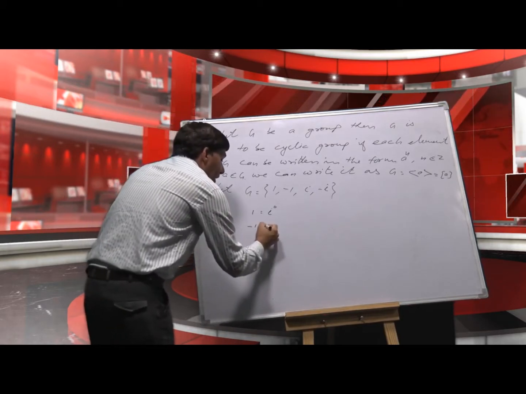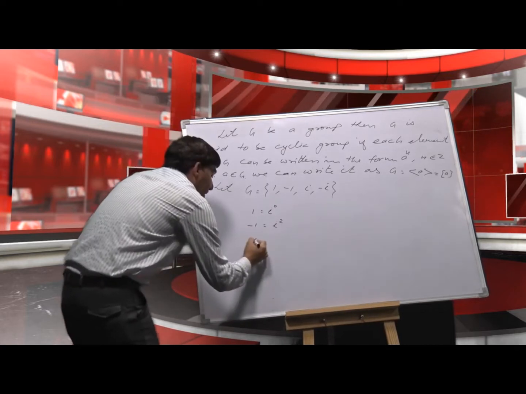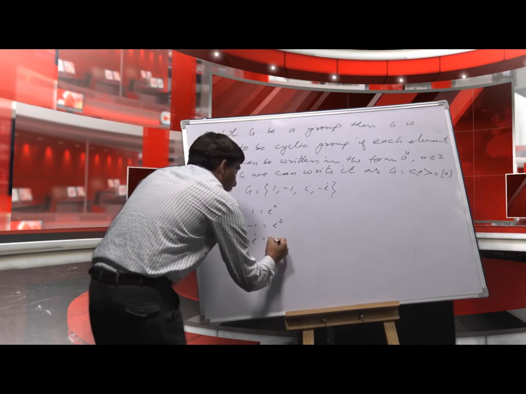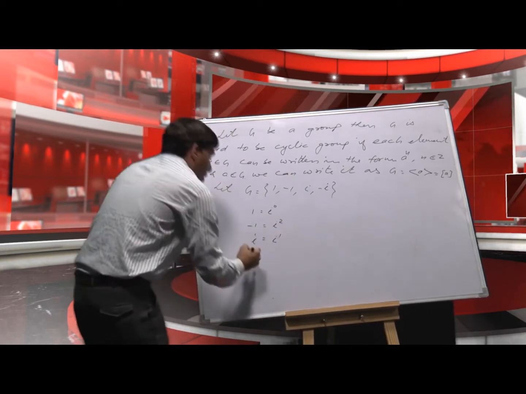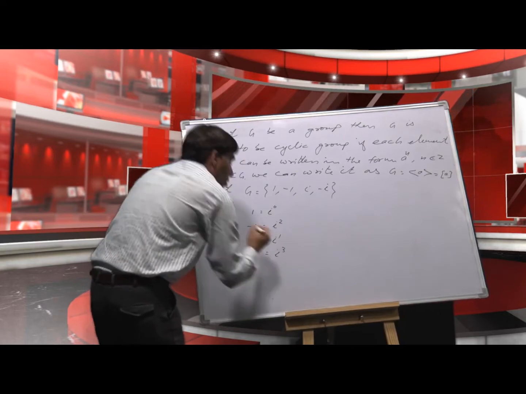Minus 1 we can write as iota raised to power 2. Iota can be written as iota raised to power 1. Minus iota can be written as iota raised to power 3.